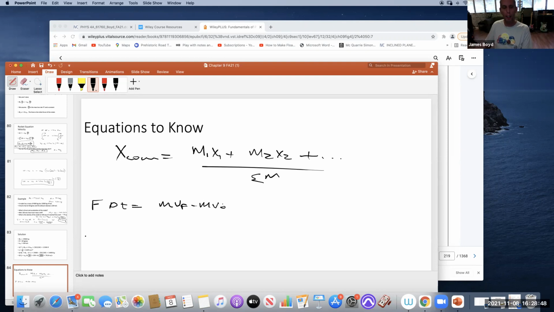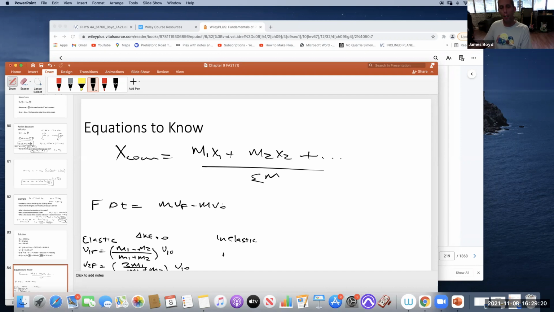And we had, for elastic, V1 final is M1 minus M2 over M1 plus M2 times V1 initial, V2 final is 2M1 over M1 plus M2 times V1 initial, and delta KE is 0.